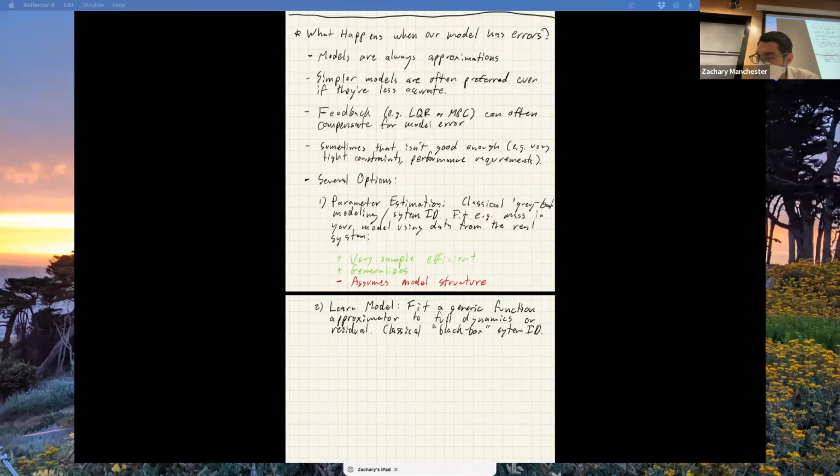I should say too, there's lots of in between. You can do some mixture of these where you use a parametric model and then add a neural net to learn a residual or some part of that. So there are ways to blend these together. But on this side, the pro is it doesn't assume a model structure. It's super generic, so in principle this can learn anything there is in the dynamics.